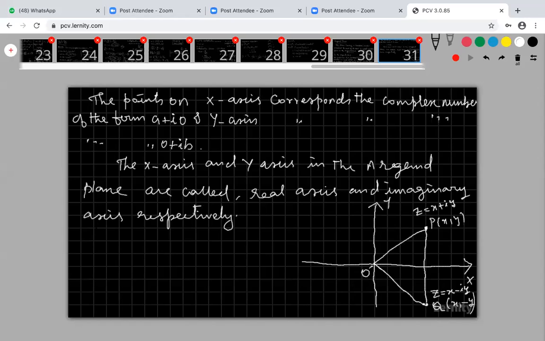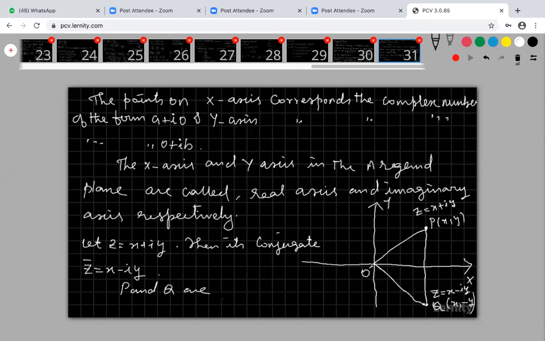So let z equal x plus iy, then its conjugate z bar equals x minus iy. P and Q are representing z and z bar in the Argand plane.